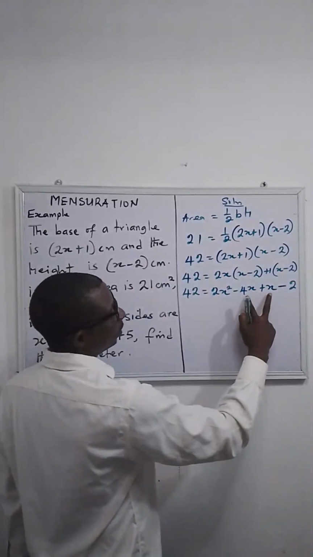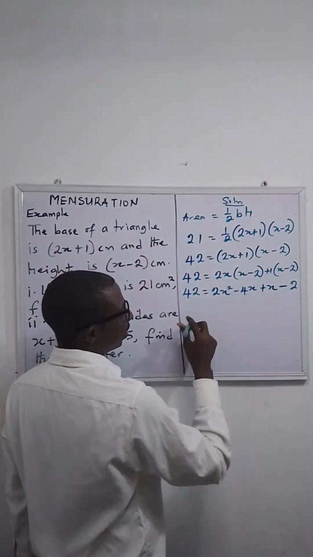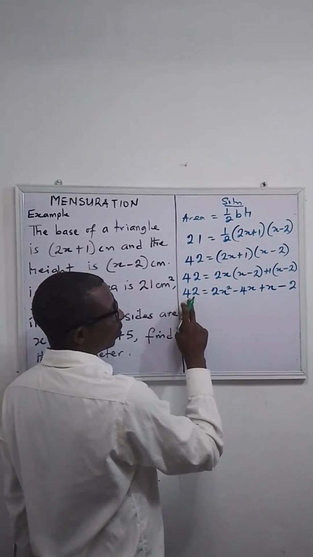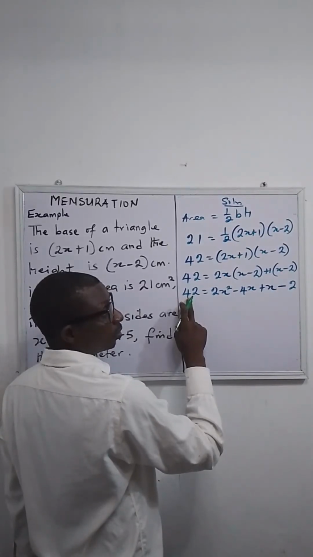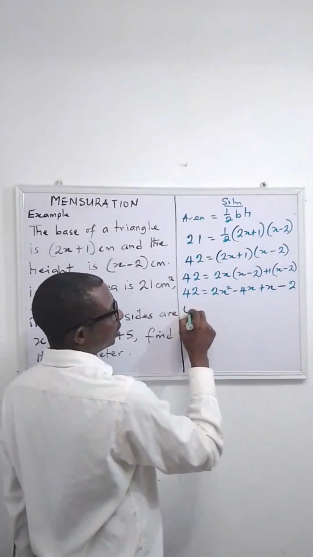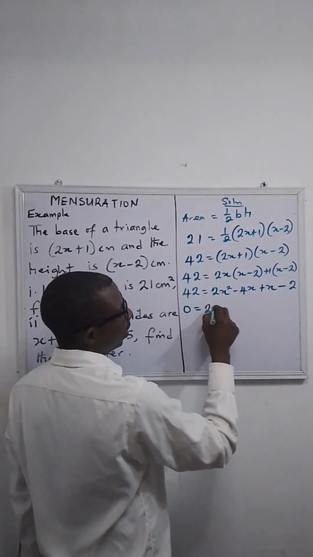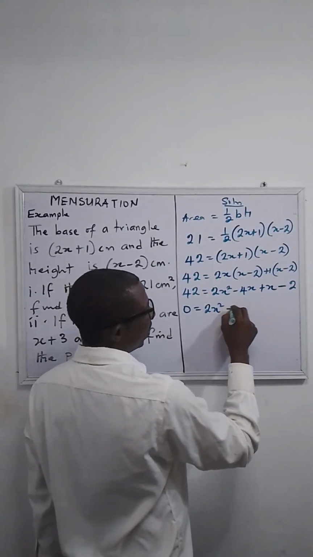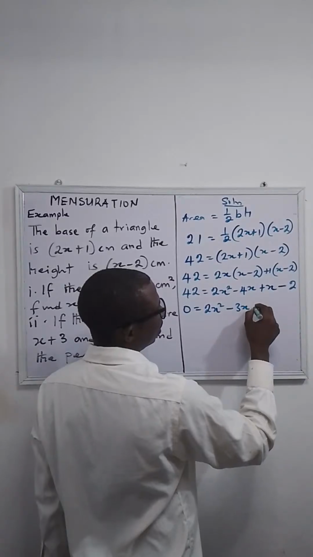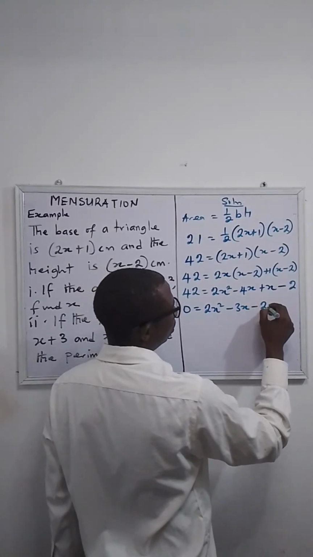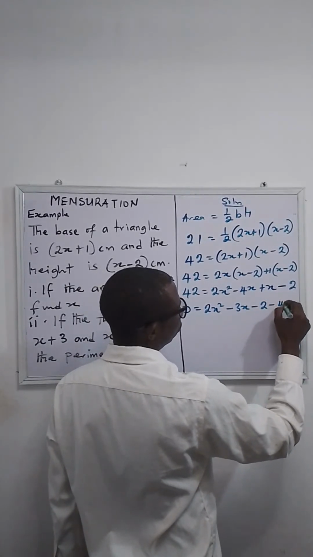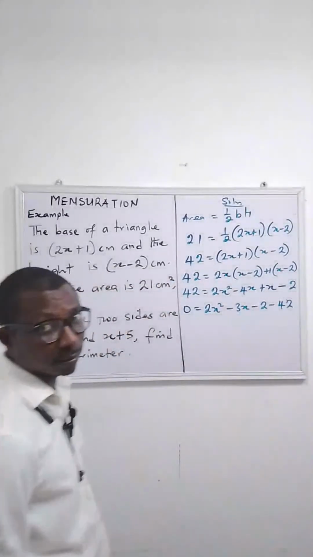Now let's tidy this up. This and this are similar, and then I can also subtract 42 from both sides. So I have 0 equals 2x squared minus 3x minus 2 minus 42. I hope you understand that.